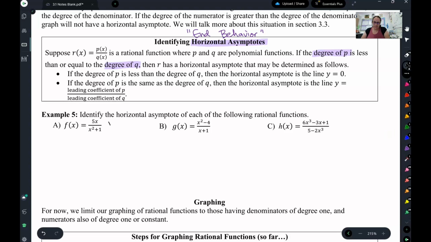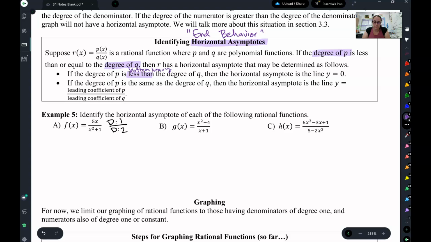In example 5, if I look at the numerator, the degree of the numerator, the biggest exponent is a 1. The degree of the denominator, the biggest exponent is a 2. So you'll notice in this case, my degree on top is less than my degree on bottom. So that is going to be this first rule. If the degree on top is less than the degree on bottom, I will sometimes call this the bottom heavy rule.